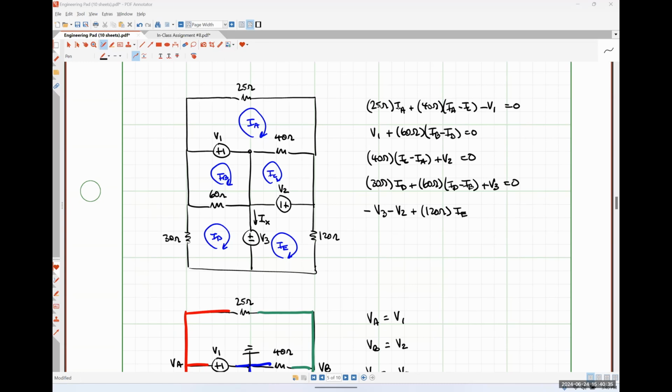Dr. Hartman, I have two questions really quick. Just like general questions, not work-out. What's up, Riley? So on one of the exams or the practice exams, it tells you what to use, like when you want to use nodal or mesh. Are you going to follow that? Because on another one, it just says find whatever you're looking for, and you get to choose whether you're using nodal or mesh.